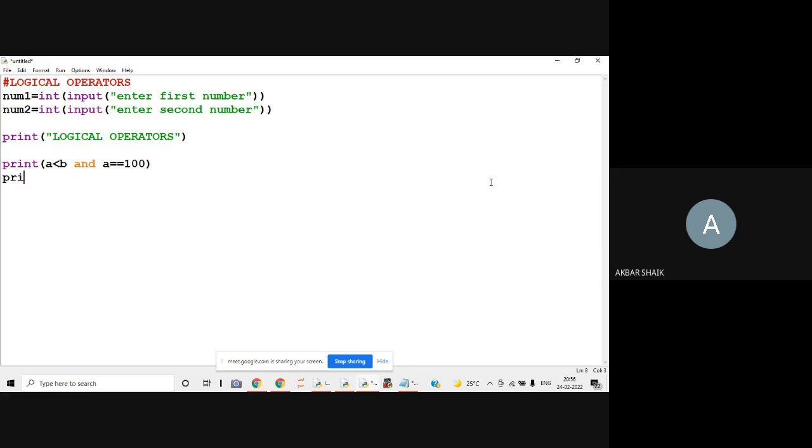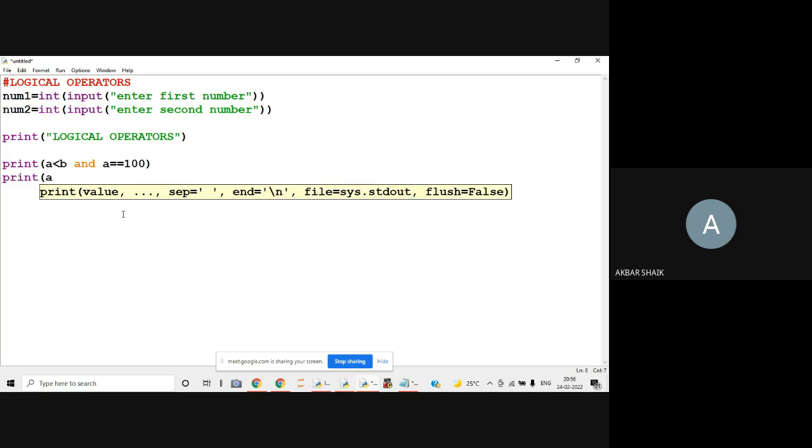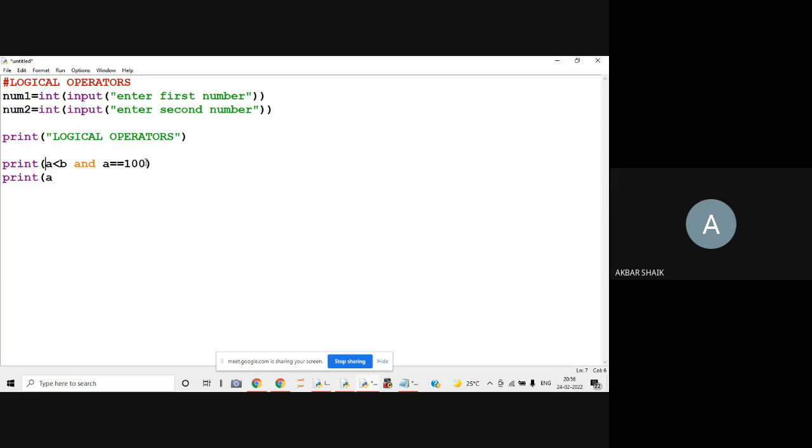Next, print of A, same example. I'll write here, but I'll write "or". That's it. So instead of "and", I'll write "or".